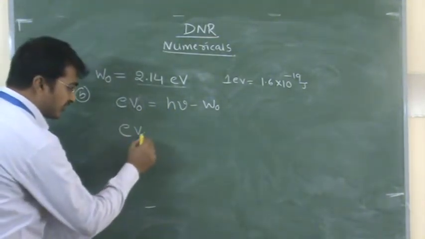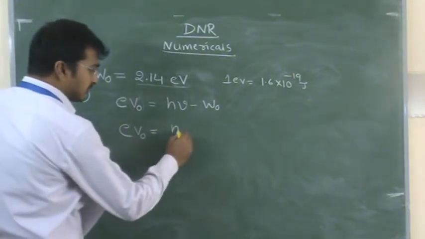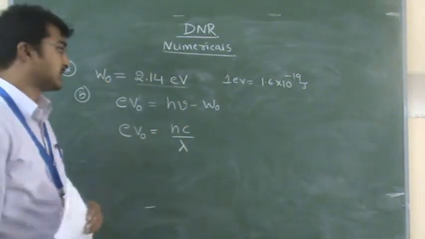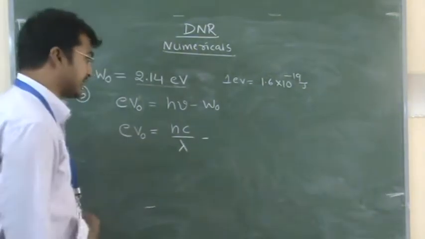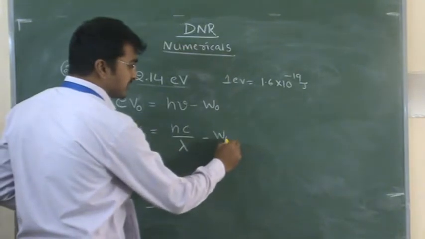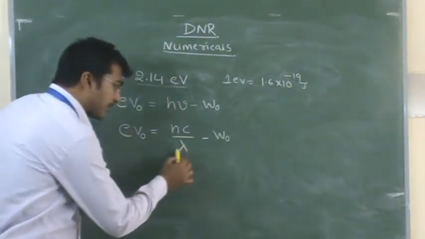See, eV naught is equal to hc divided by lambda minus the work function. I am keeping it as the work function W naught. Now we should find this lambda value.